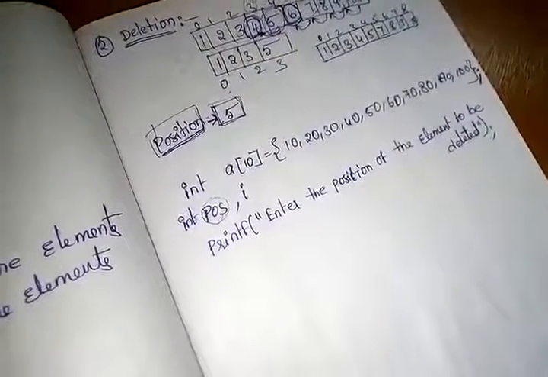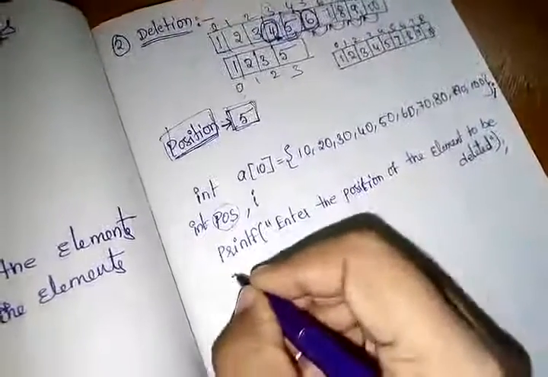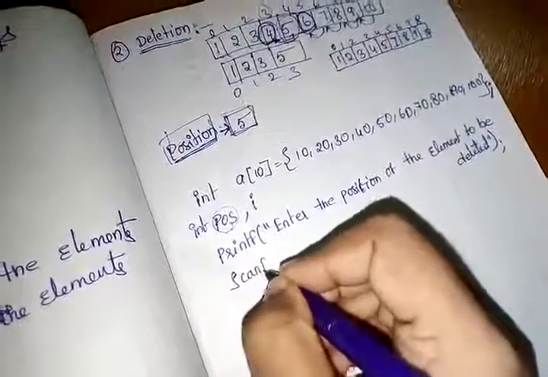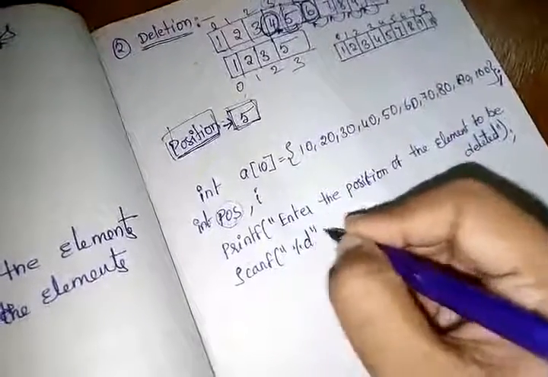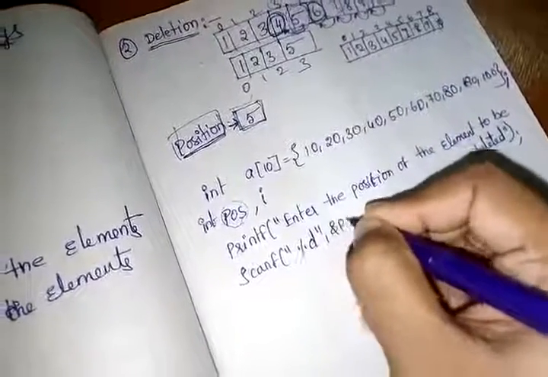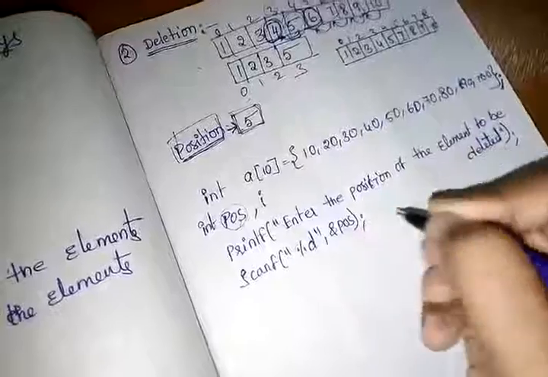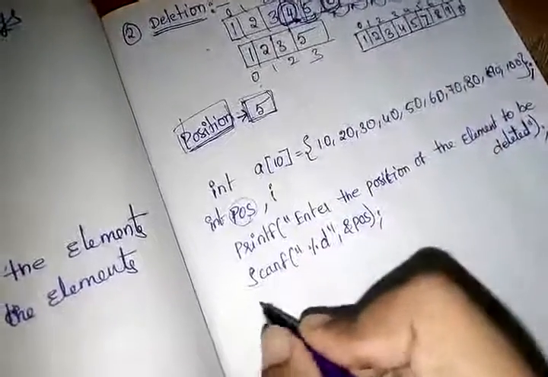After printing the message, you need to take the input. For that I am writing a scanf statement, %d comma ampersand POS. I am taking the value into the variable POS.